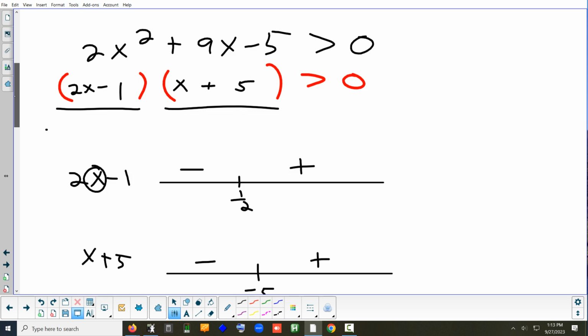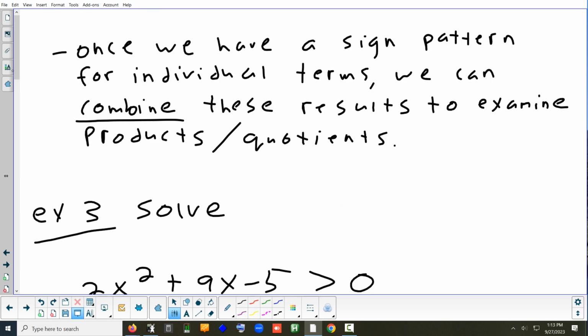Now the last step is to take the sign patterns that we created for each factor, and we're going to combine them together onto one number line. And combining them together, we can look at products and we can look at quotients.